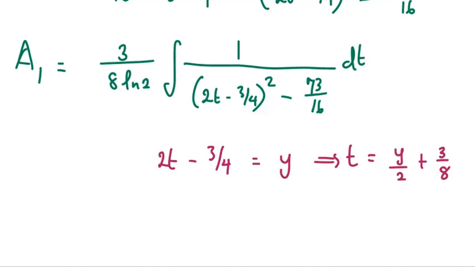Hope I'm making sense. Is that how to solve for t? Yes. Okay, so it's going to be y all over 2 plus 3 all over 8. Okay, so differentiate both sides, so we get dt is equal to 1 over 2, right, dy.